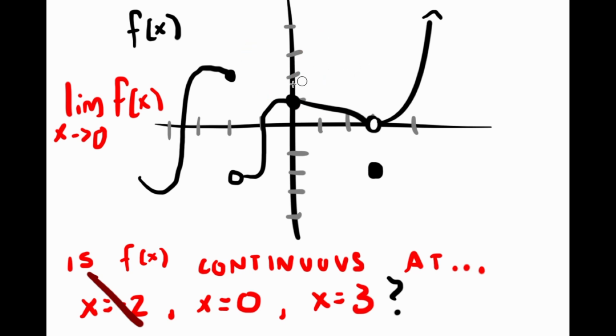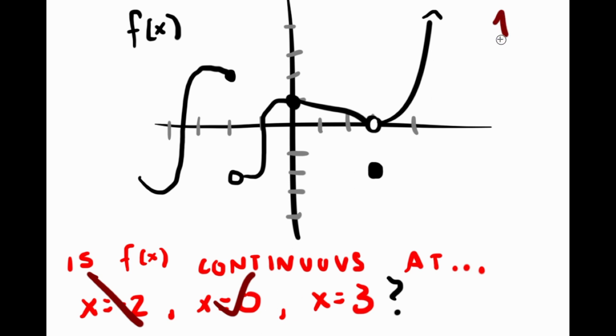So we can say the limit as x approaches 0 of f of x is 1. We'll mark this down as good. And we'll say f of 0 is equal to 1.